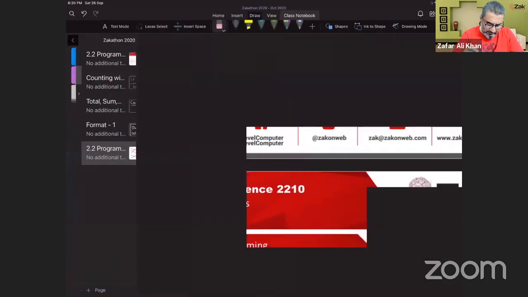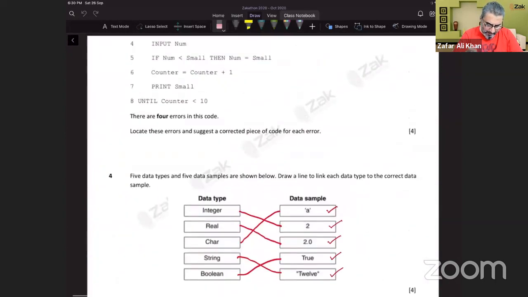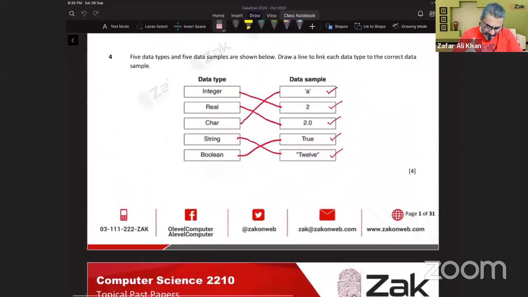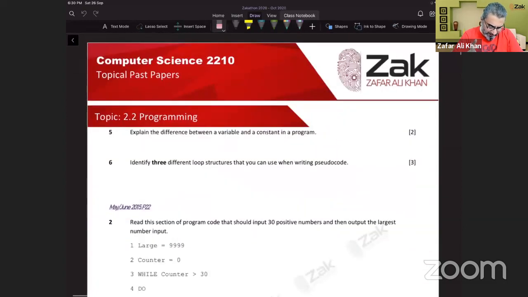Remember, I have sent you both of these files, and I update and send them every day as well. Explain the difference between variables and constants in a program. So variable, as usual, let's just solve a few more questions.